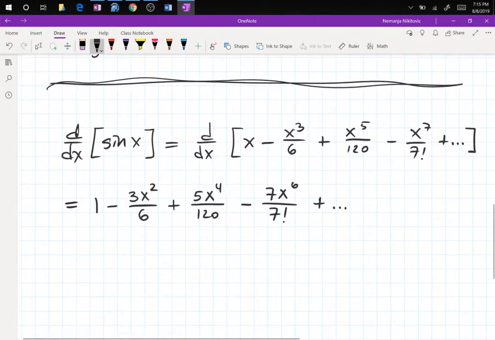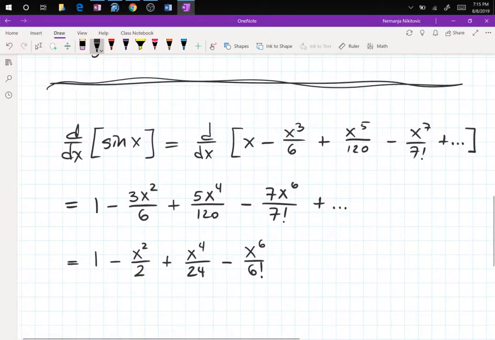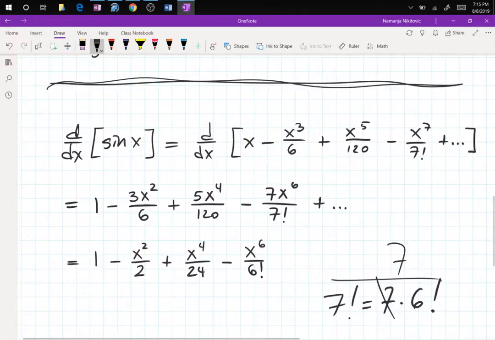So now when we cancel here, we get 1 minus x squared over 2 plus x to the 4 over 24 minus x to the 6 over 6 factorial, because 7 factorial is 7 times 6 factorial, and then the 7 and 7 cancel, because there was a 7 on top, and you just have a 6 factorial on the bottom.